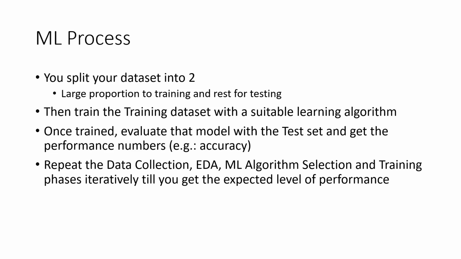That means you have to use some other data which is not inside the training data set and test the model with it, and only then will you understand how accurately the machine learning model is working.